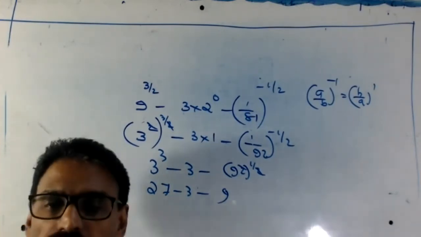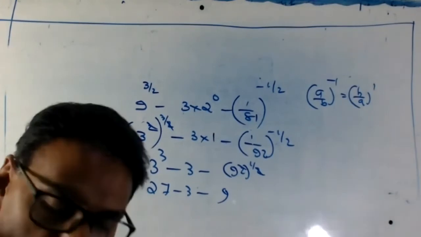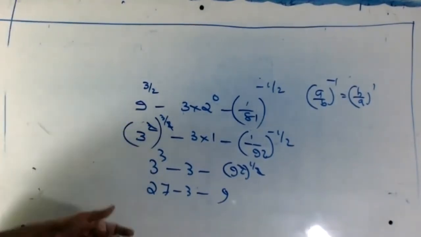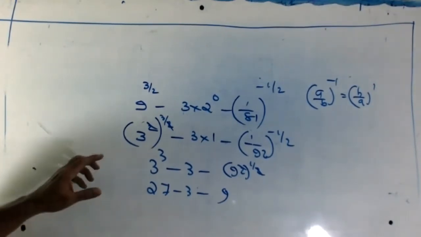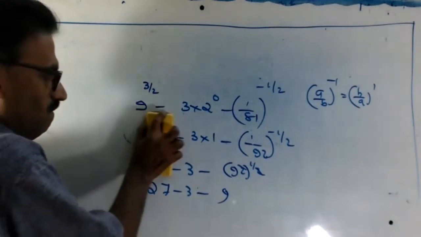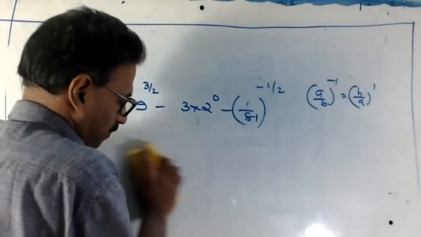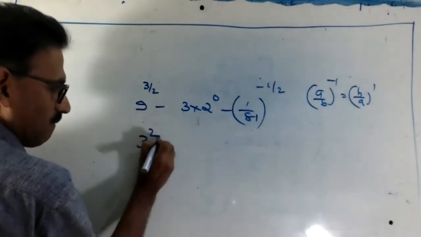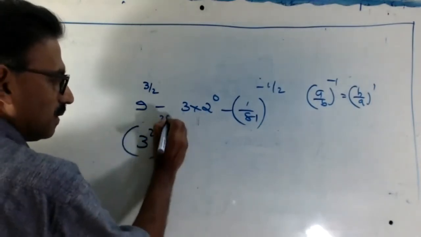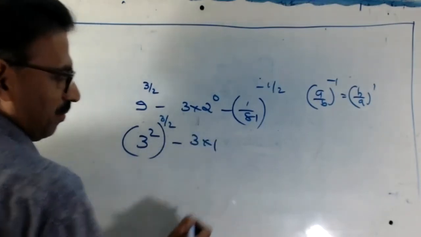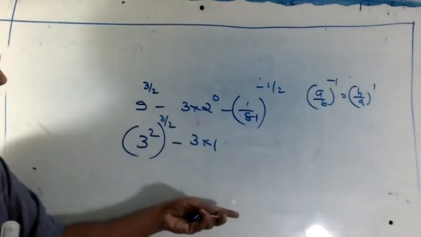Okay, some answer is coming 12. How? Look here. 9, we can write only as 3 square. 3 square whole raised to 3 by 2 minus 3 into 1. When it is small, we can directly write 2 raised to 0 as 1, don't write it here.